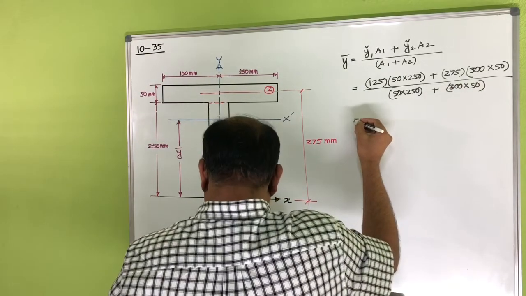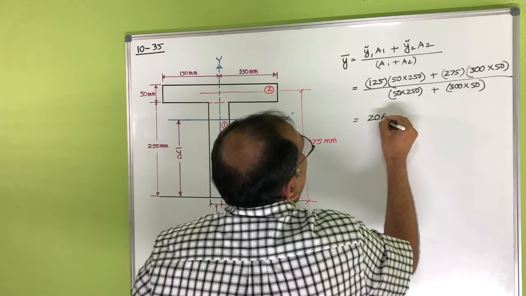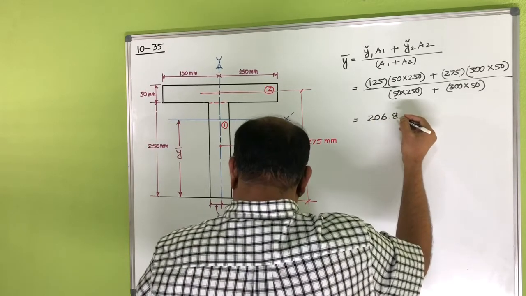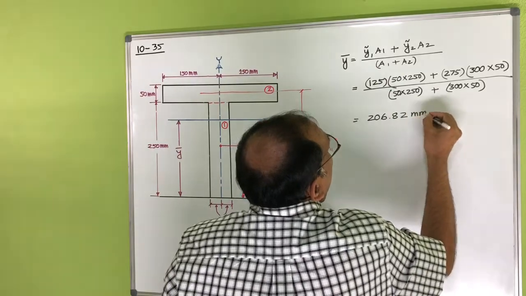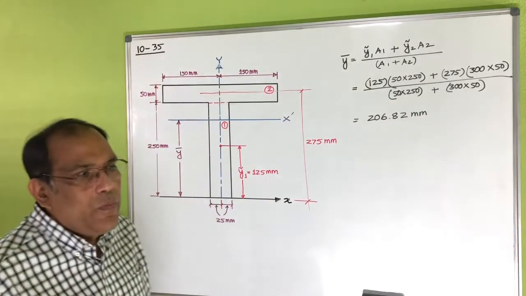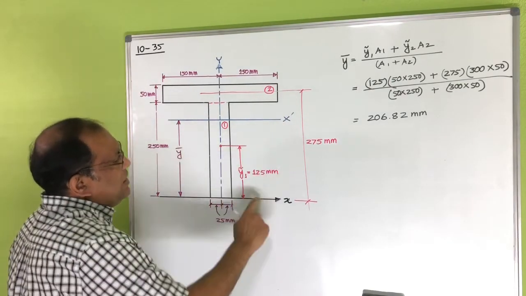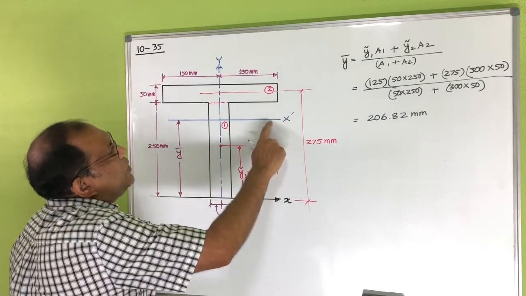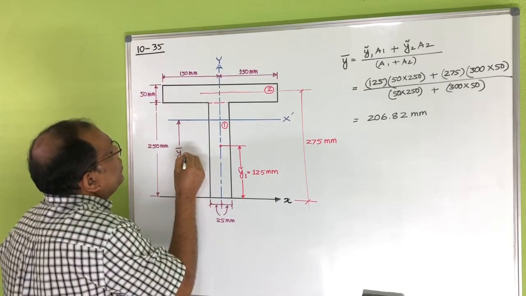So this one is basically 206.82 millimeters. So the distance from here to here is actually 206.82.